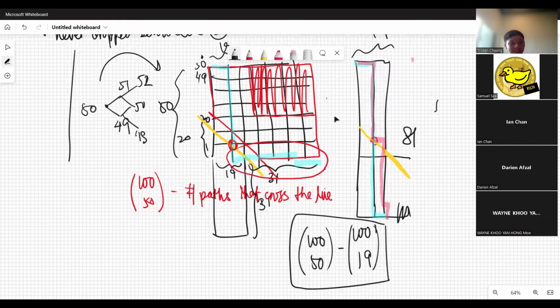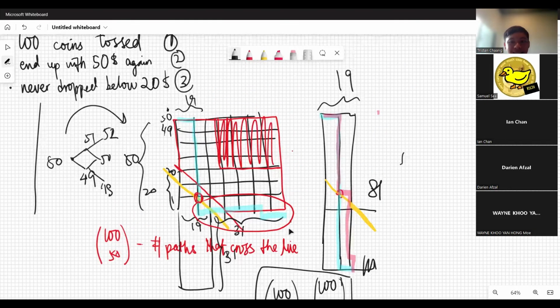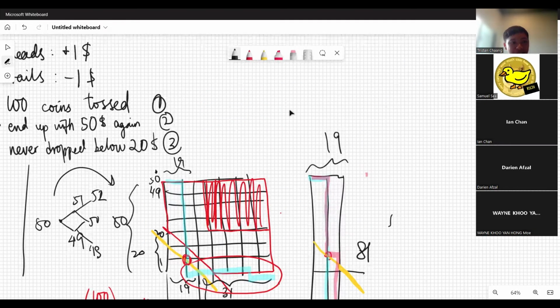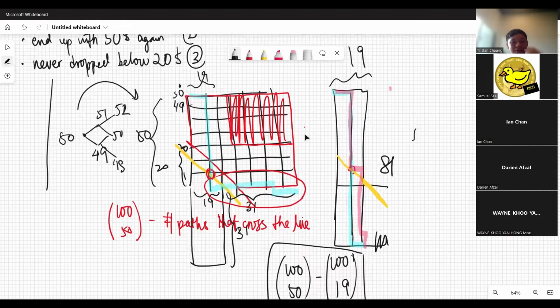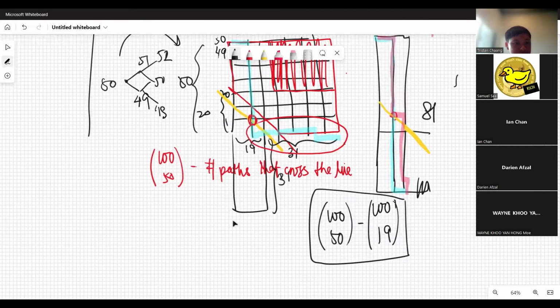And this is what you are expected to think of when you are either in junior or senior level, especially in senior level. So you have to think of a very nice, very smart bijection that can simplify the problem. But of course, you have to practice more to achieve that sort of level.